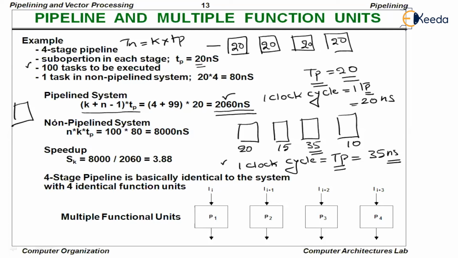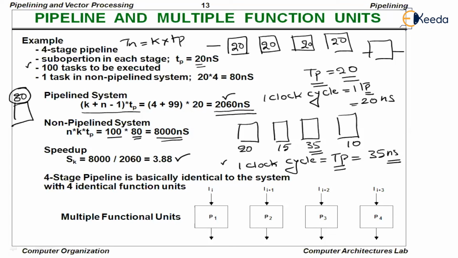So 4 into 20 is equal to 80 nanoseconds in a non-pipeline system, because all will get clubbed and embedded in a non-pipeline system. So for one task it is 80 nanoseconds, which means n into Tn is equal to 100 into 80, that is equal to 8000 nanoseconds. The speedup will be equal to 8000 divided by 2060, that is equal to 3.88.